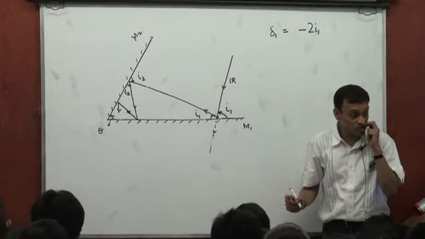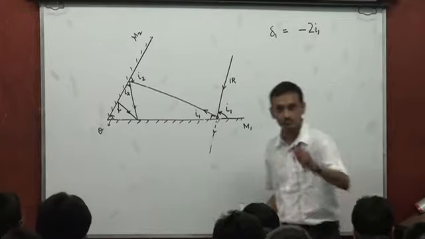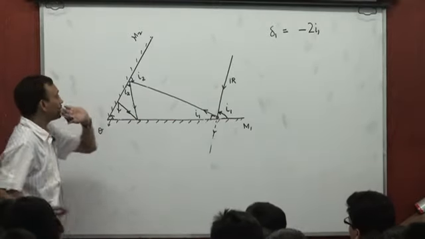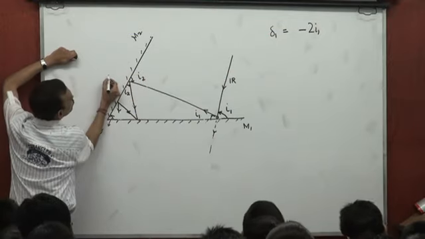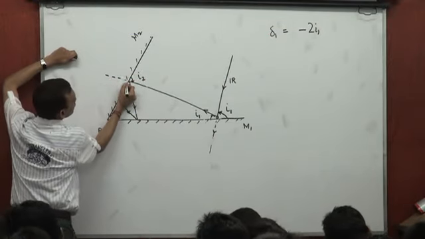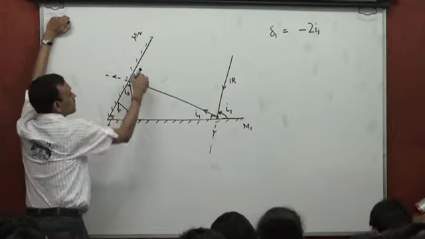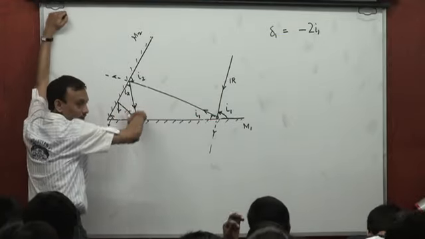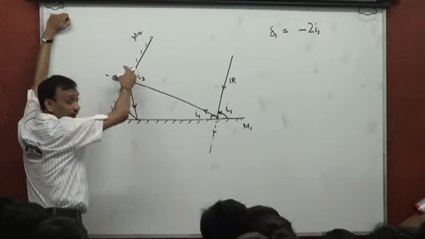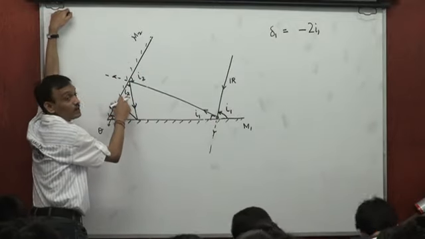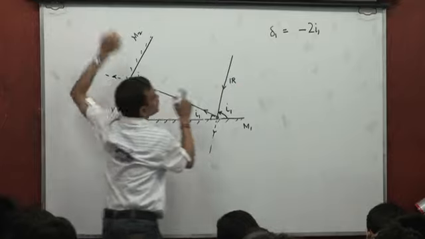In the second reflection, in absence of this mirror M2, the ray would have gone this way, but now it's going this way. So now the deviation is anti-clockwise. So then it will be plus 2i2.